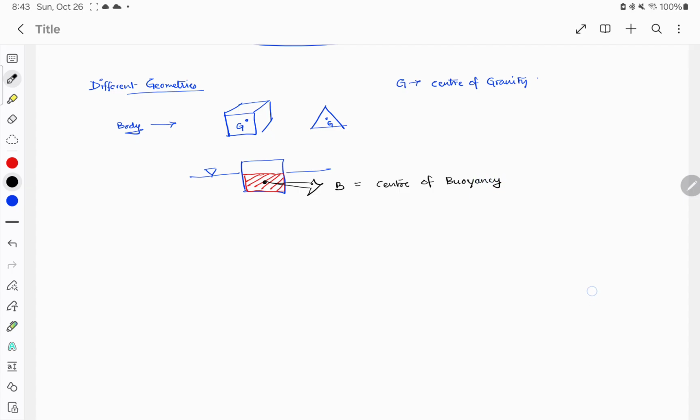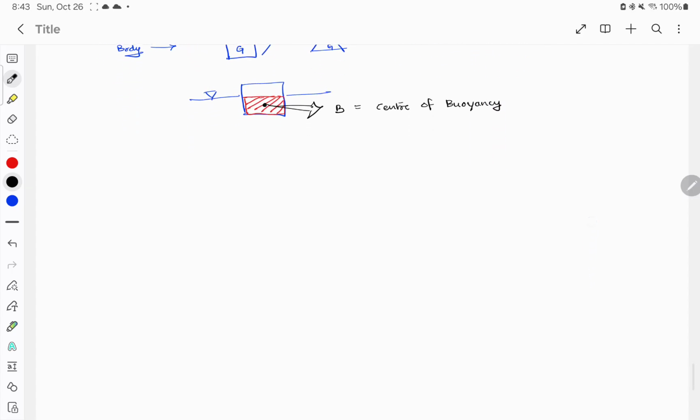So why are we studying this part? Again, I'll see something called the effect of disturbance. What is the effect of disturbance?